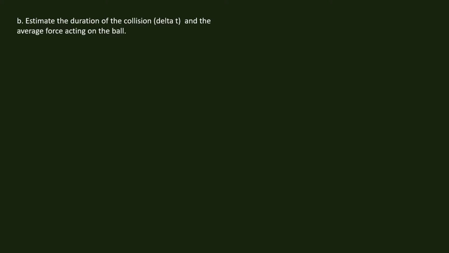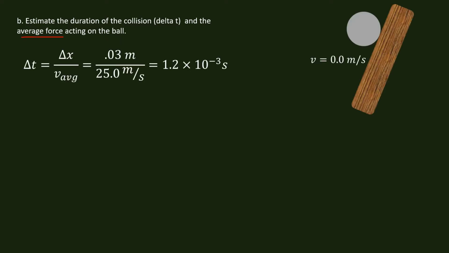Estimate the duration of the collision, the delta t, and the average force acting on the ball. So here's our delta t. We just basically plug this into our standard average velocity equation, and we find that our delta t is very small, 1.2 times 10 to the negative 3 seconds.